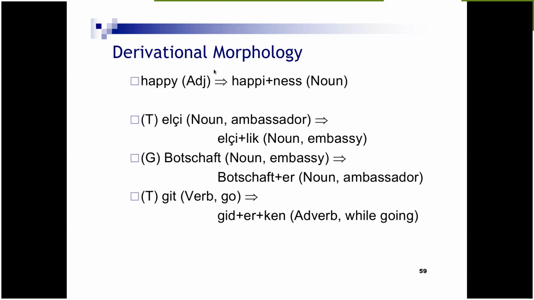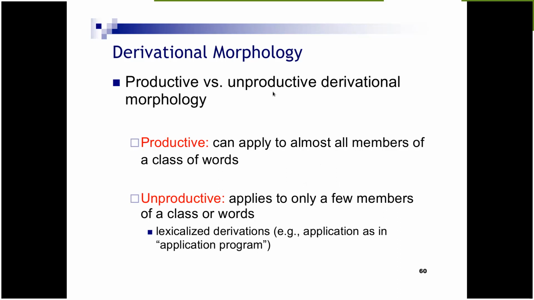Or take this example in English: happy is an adjective, and happiness is based on happy, but it's a different part of speech. It was an adjective, and then you make a noun out of it. This is derivation. And there are two types of derivational morphology. There's productive morphology, where the rules you follow to make new words apply to almost all members of the group of words you're talking about.